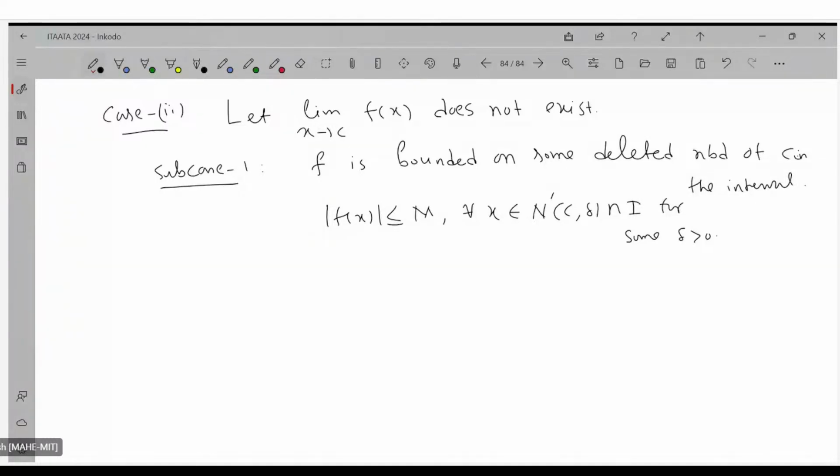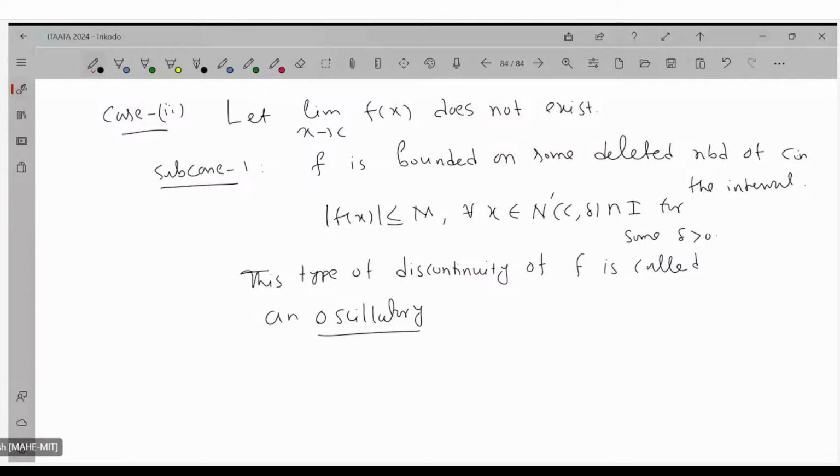Okay. So this type of discontinuity of f is called an oscillatory discontinuity at the point c, and c will be called the point of oscillatory discontinuity.